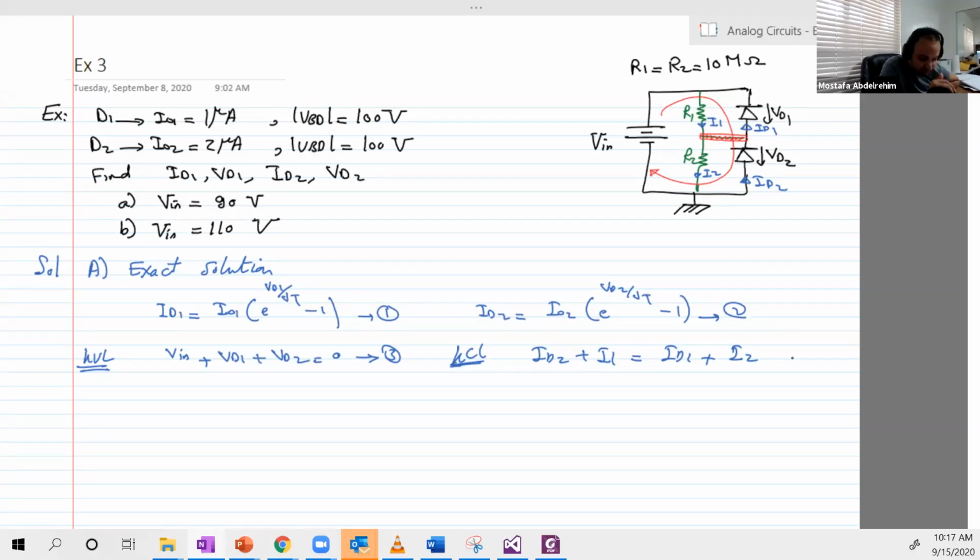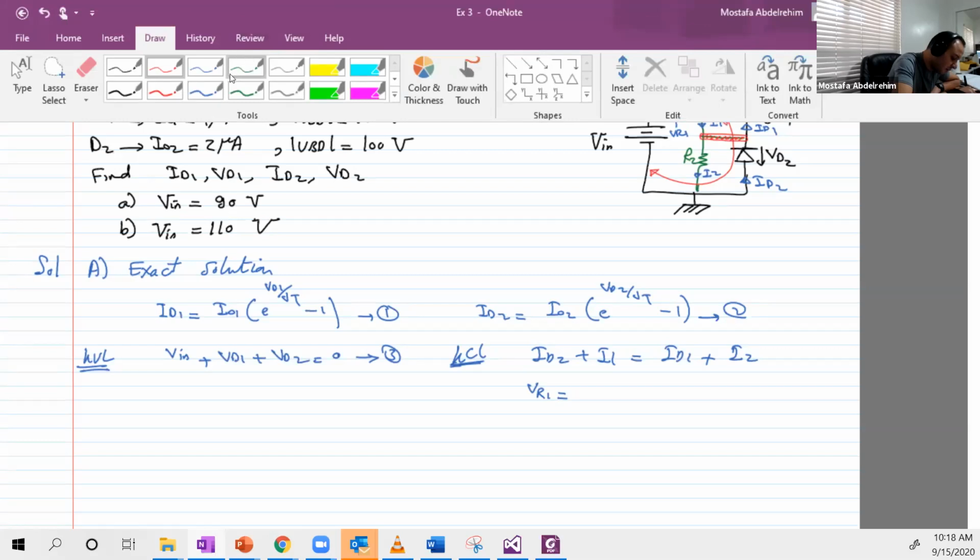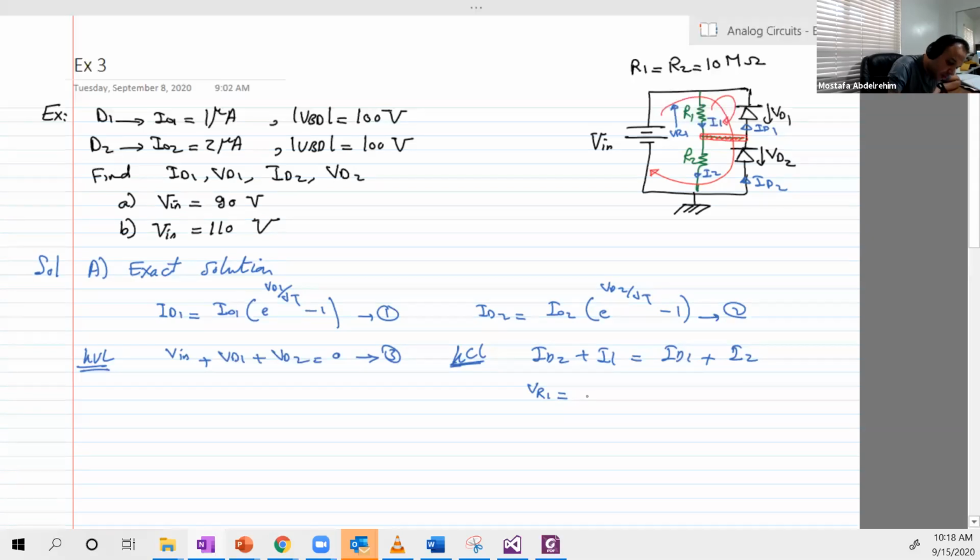Well, actually, it's not that complicated, because the voltage on R1, let's call it VR1, is from this very small loop here equal to minus VD1.